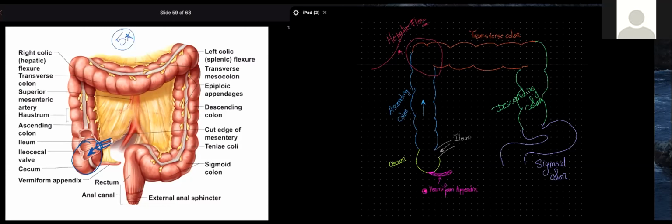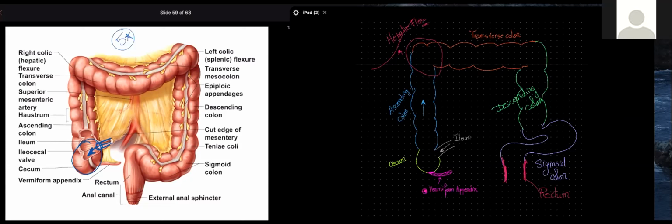Then the sigmoid colon will be conducting the feces to a straight part of the large intestine. We call this the rectum. If you remember, recta means straight, so the straight part of the large intestine is called the rectum.